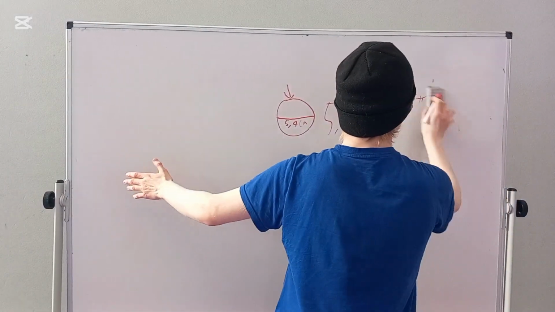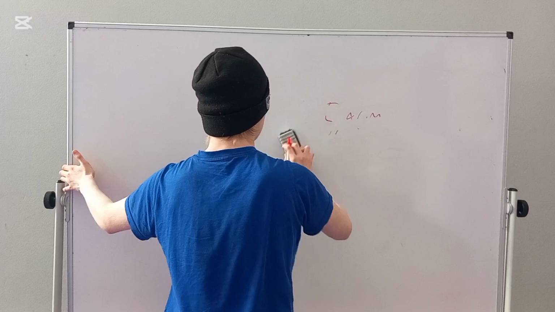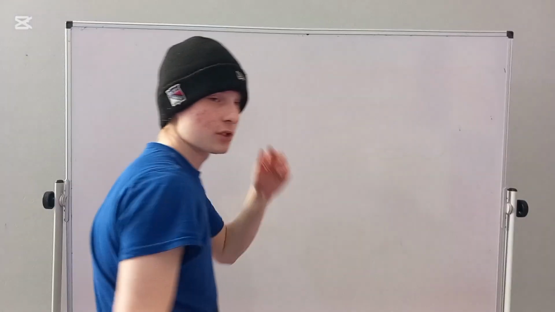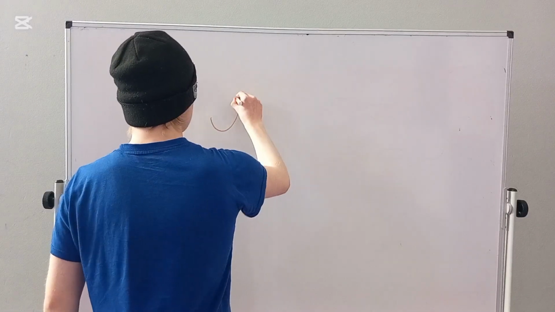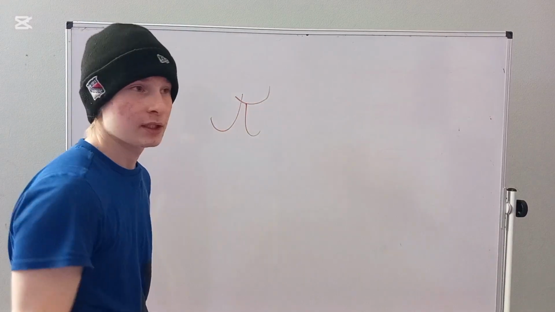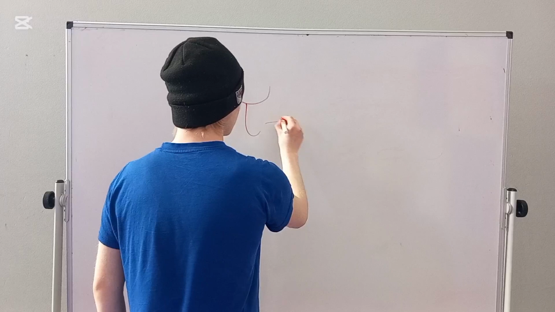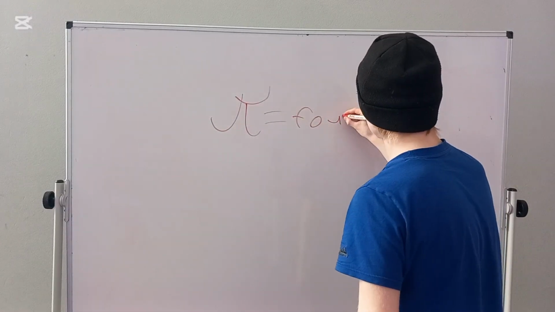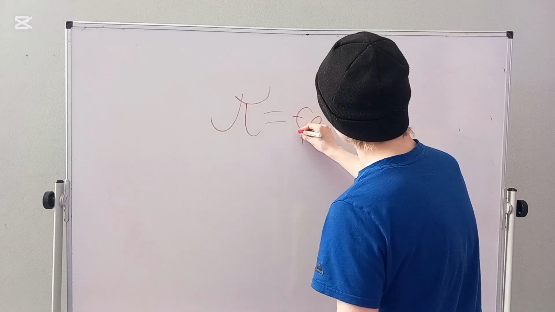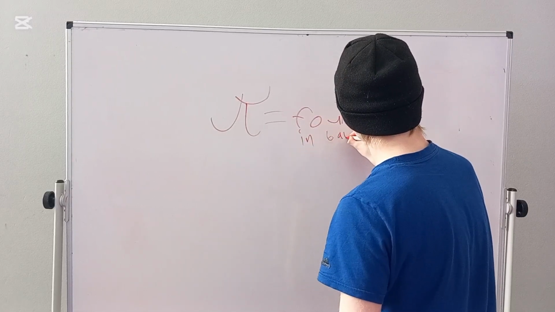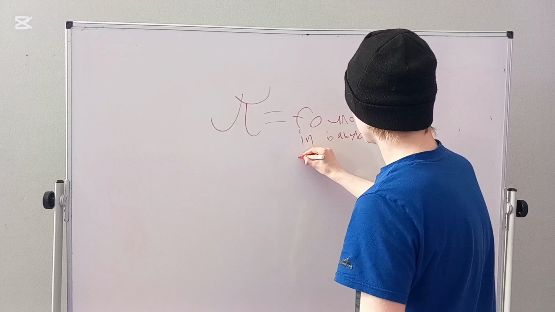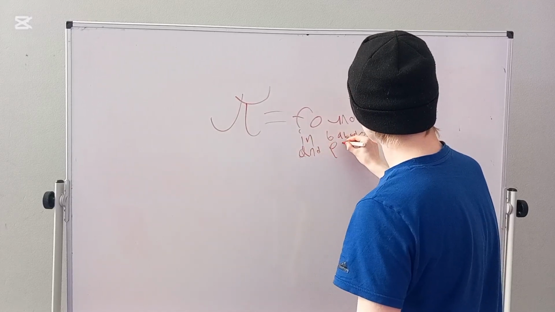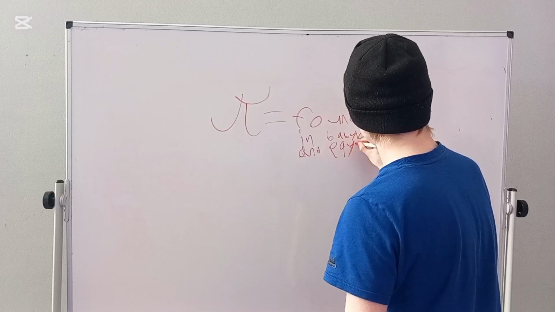And there's also a lot more. Pi was first found in Babylon and Egypt. Well, the earliest recordings were in Babylon. And Egypt.